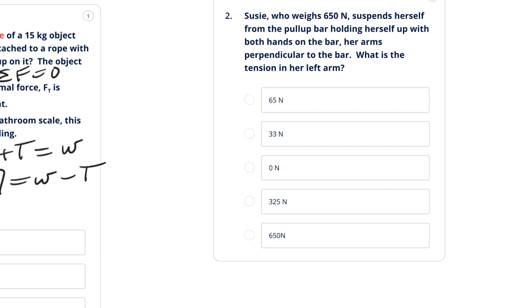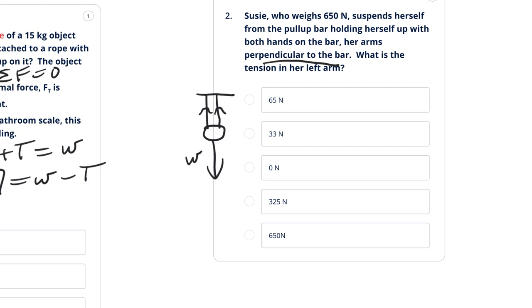Okay, so here she is right here. She has a weight, and then she has her arms parallel to each other and perpendicular to the bar. So here's the weight.